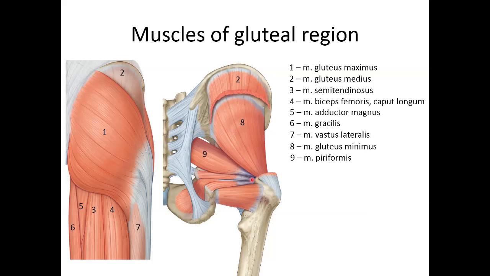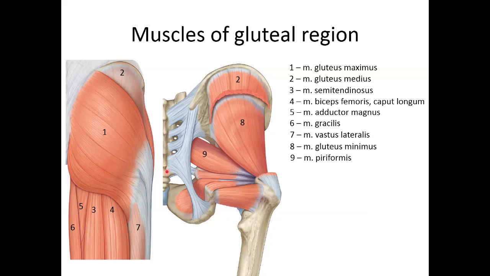So here, like a fan, several muscles gather together and attach practically in the same point. That's why practically each of them can rotate the thigh laterally. So it's named supination.